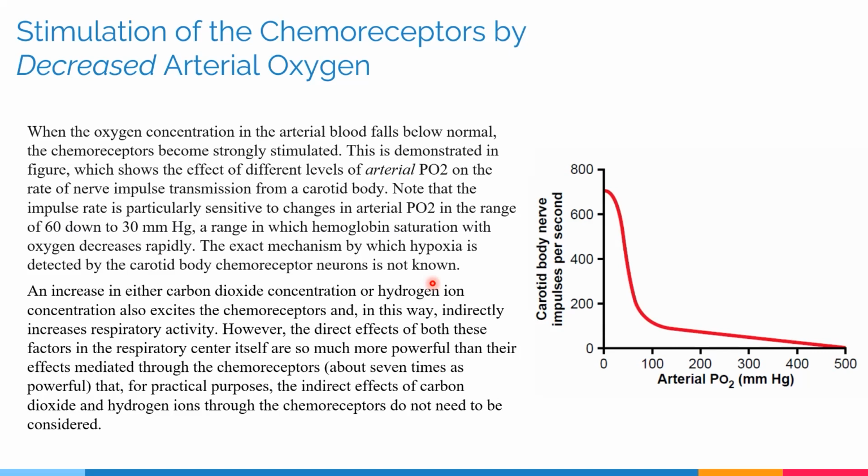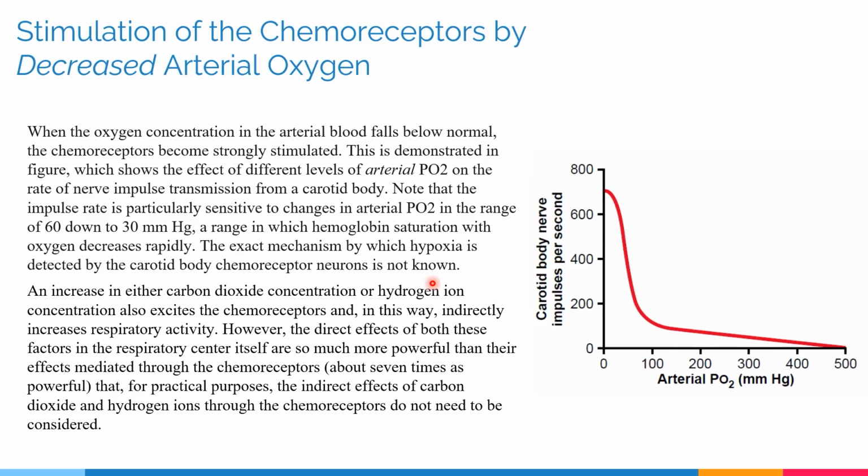When the oxygen concentration decreases below a particular level, the rate of metabolism of these carotid body cells decreases rapidly. This decrease in the metabolism of the carotid body cells is what signals to the chemoreceptor neurons via the vagus and the glossopharyngeal nerves.